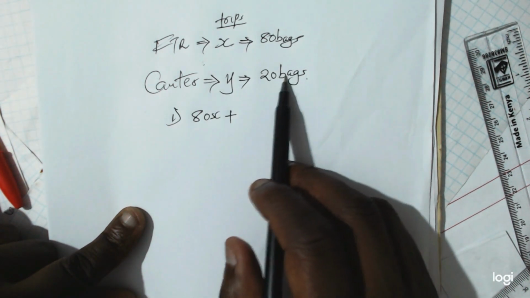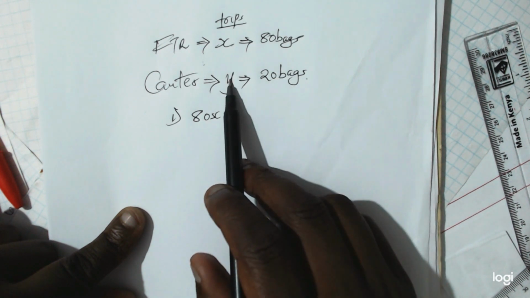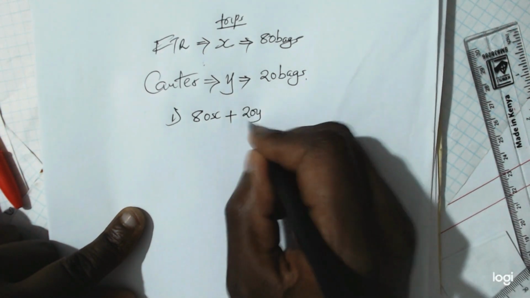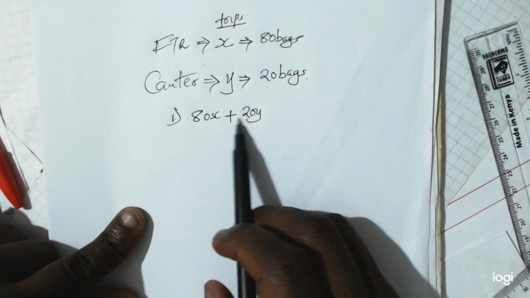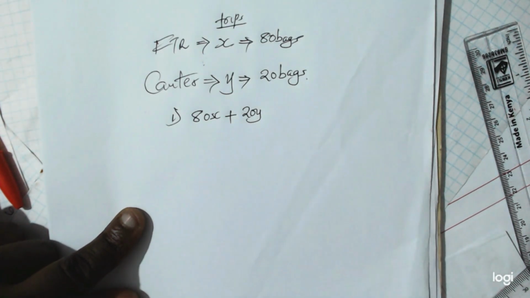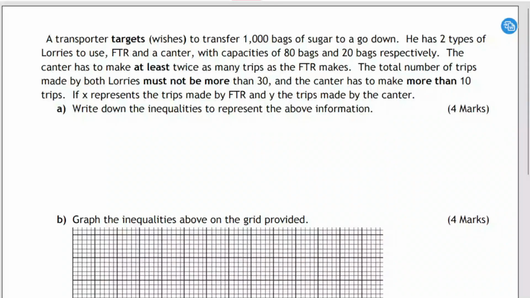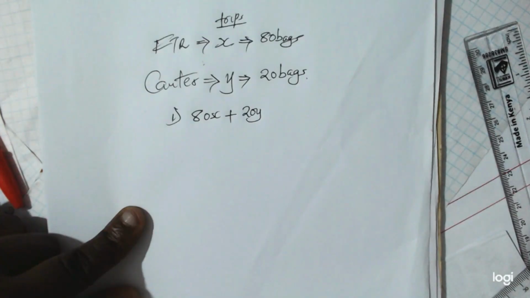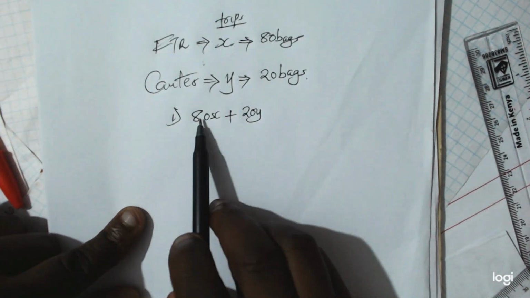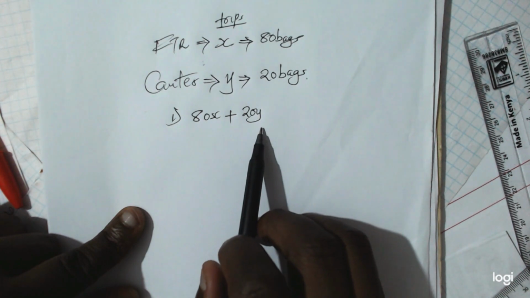So Y trips will be 20Y. So 80X plus 20Y represents the total number of bags carried by the FTR and the canter. We are given that he has to transfer 1,000 bags, so this should be 1,000.